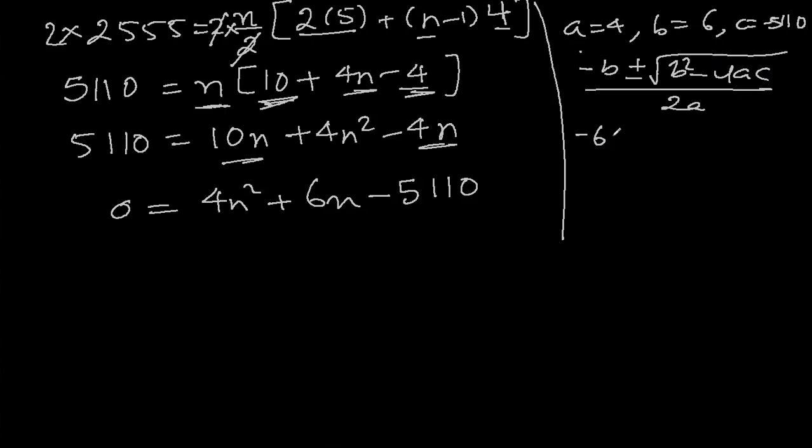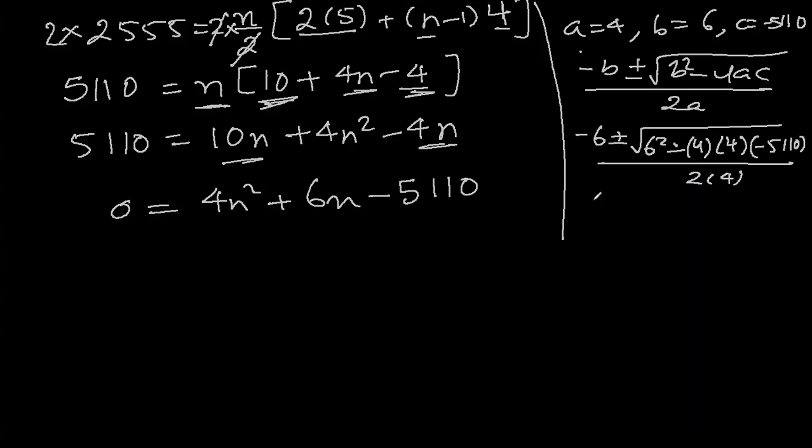So it becomes minus 6 plus minus square root of 6 square plus minus 4 times a c over 2 times 4. So minus 6 plus minus square root of 36, and this minus will make it positive, and 16 times 510 will be 8,160.